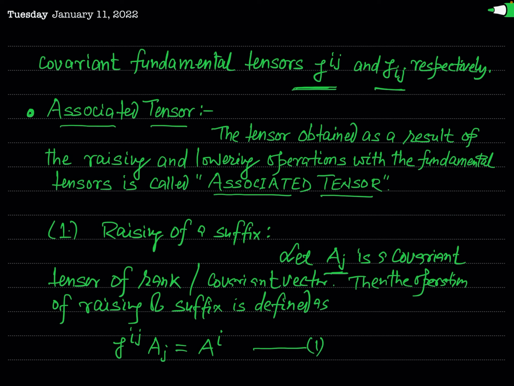Later on, we will show that this A super i is a tensor, and in fact it is an associated tensor. We will prove it later on. So this A super i is known as an associated tensor.